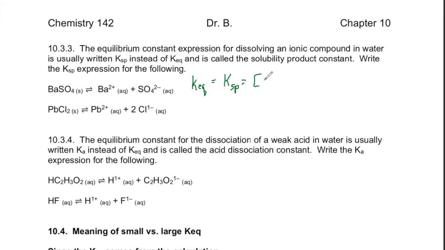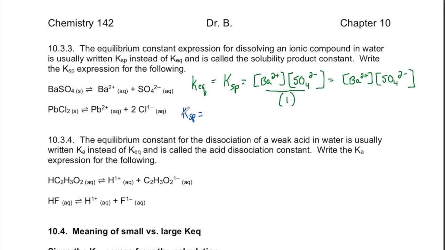And so that is the concentration of the barium ion times the concentration of the sulfate ion over the concentration of this barium sulfate solid, which, since it's a solid, would be set to 1. And so it would be written like this. So for this one, we have lead-2 ion as a product and also chloride ion.